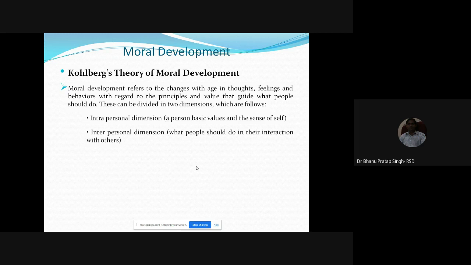But this activity may have two roles. One is intrapersonal, where the child may learn the sense of self. And as per interpersonal, the pupil should grow in interaction with others. So this is a little about Kohlberg, although we have discussed it in the previous slides.